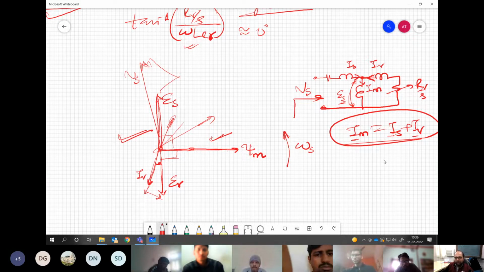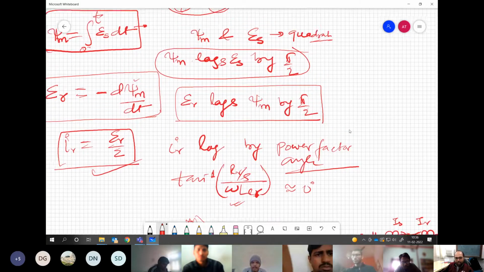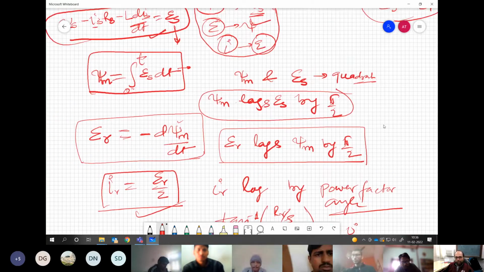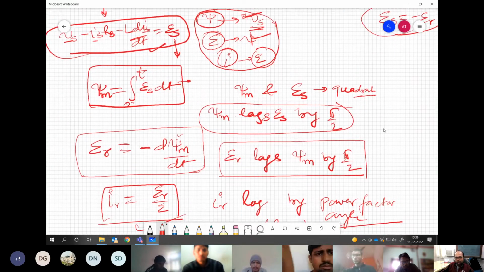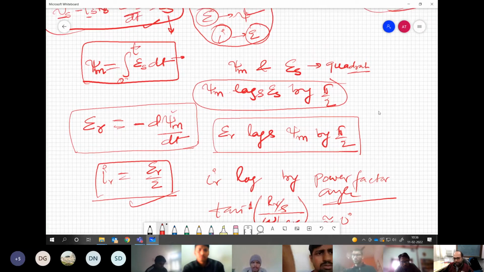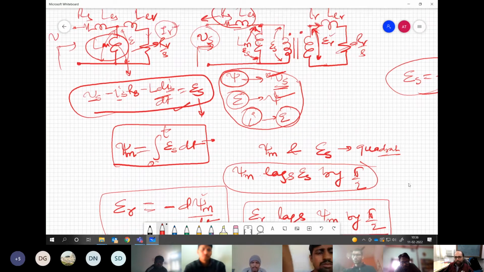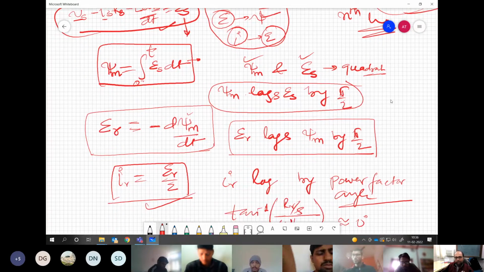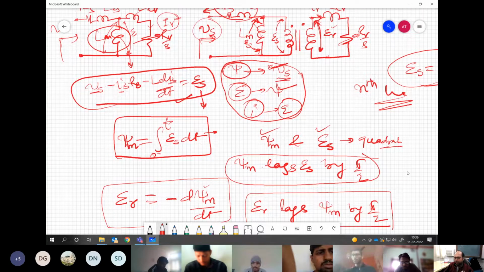So listen carefully. Everything I have told so far for the fundamental component is true, and in the same way, even if you take any nth harmonic component, the flux generation will still be true. Whenever you apply some voltage across the magnetizing branch, there will be some flux associated, maybe a small value, but it will be there.